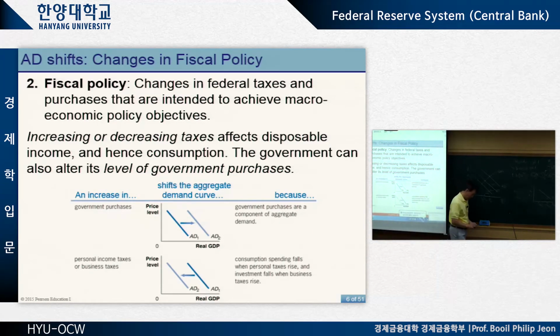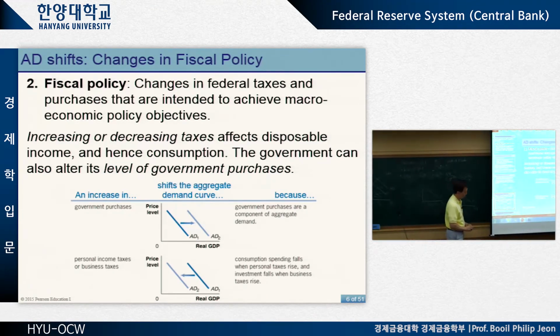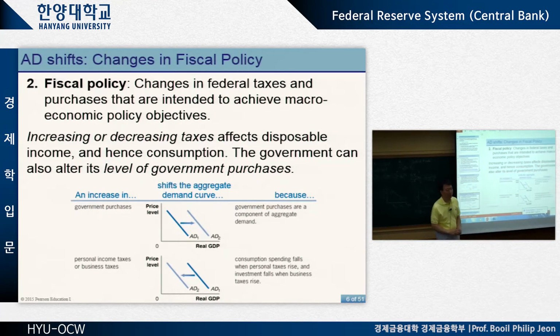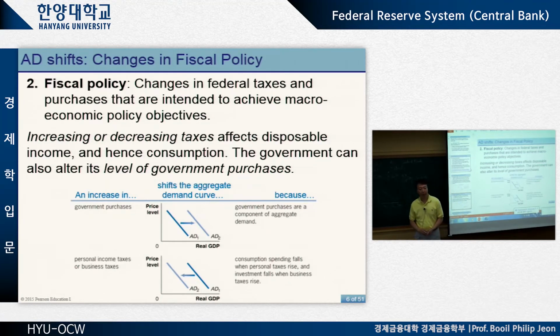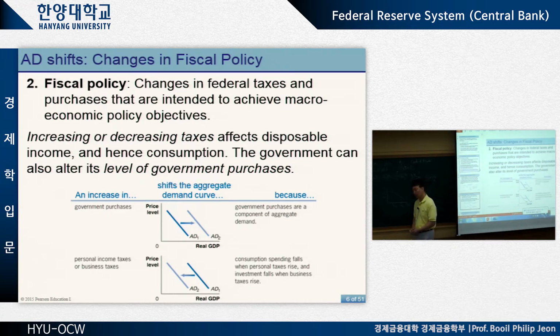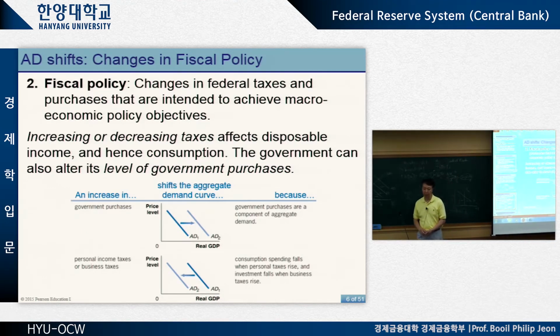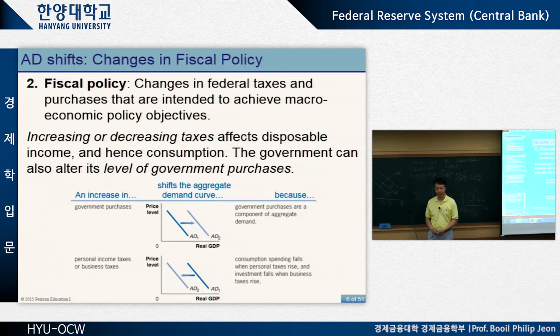Well, the only reason why the government would possibly use contractionary fiscal policy is if they think the current inflation is too high, right? If the inflation is too high, then the economy is in danger. Inflation is not good, because inflation makes long-term contracts impossible.